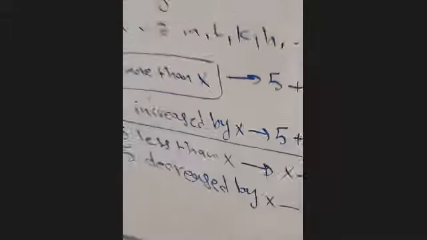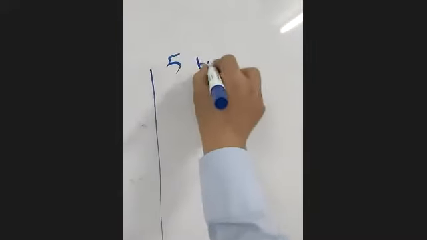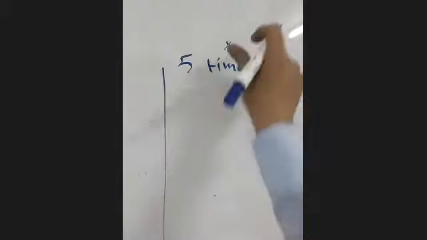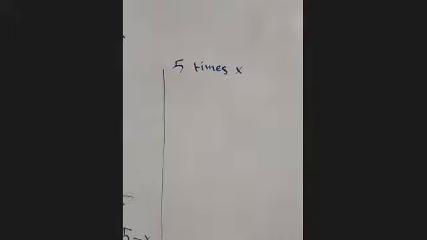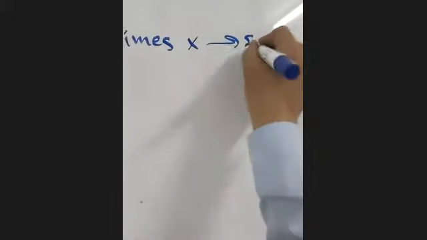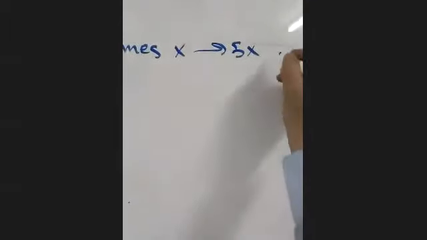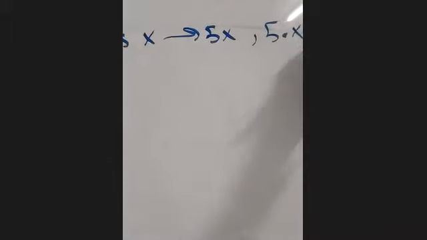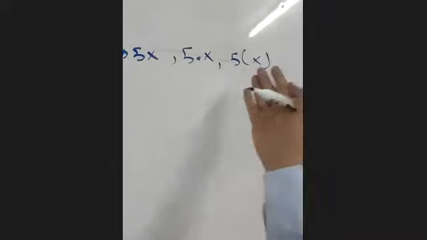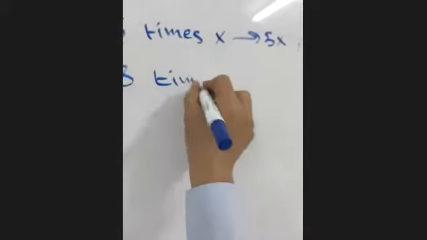Now, in multiplication, guys, and this is important, when I say 5 times X, times means multiply. But in math, guys, we don't write the multiplication sign. 5 times X means 5x, or 5.x, or 5 bracket with x. It is the same. All of this means 5 multiply x. Like 8 times y.